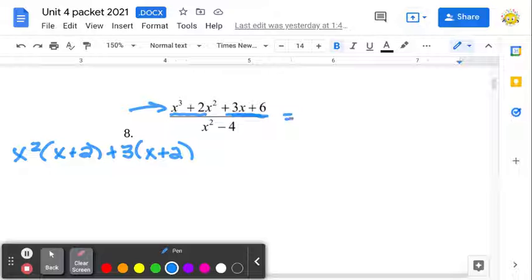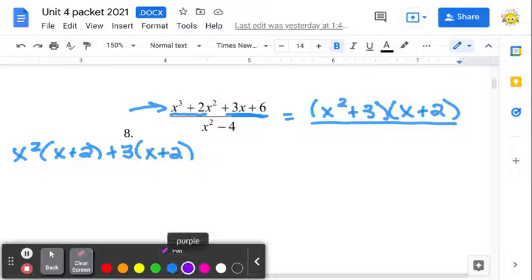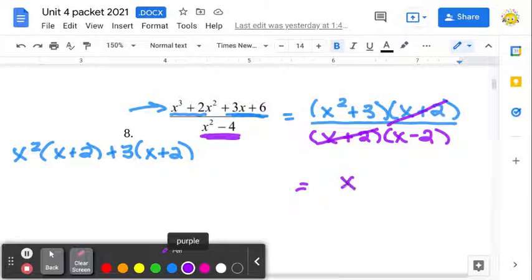So when this is factored, it becomes x squared plus 3 times x plus 2. Okay, and then in the denominator, that's difference of perfect squares, x plus 2 times x minus 2. And now we're going to cross off the matches. And your final answer is x squared plus 3 over x minus 2.